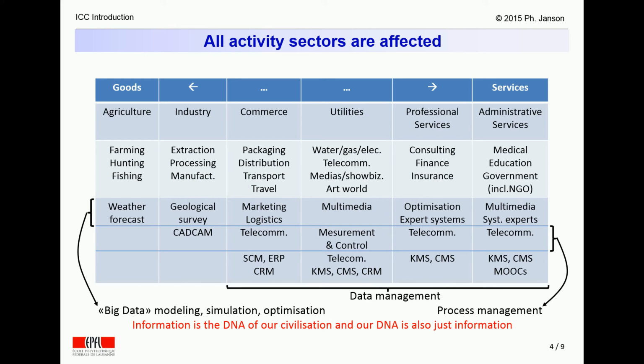Most of these sectors depend on information, communication and computing technologies for automation and process control, especially telecommunication services, of course.